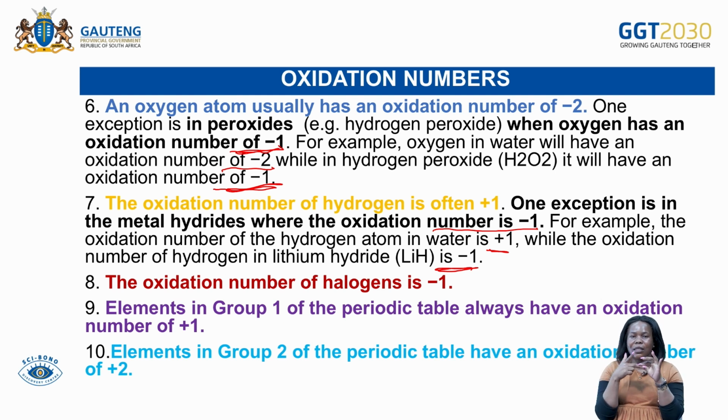And the other one is neutral, which is group 18, because it has an oxidation number of 0. So all of them aspire to be group 18. They all aspire to be very stable, to be very neutral.